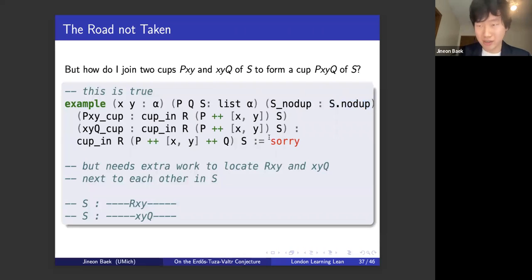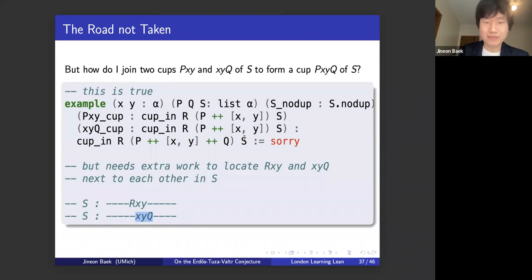With this it is true, but it needs extra work to locate the cups PXY and XYQ in the same position. We do know that PXY and XYQ lie as subsequences of S, but how do we know that those X and Y, from PXY and XYQ, lie in the same position? That's rather non-trivial work to prove.